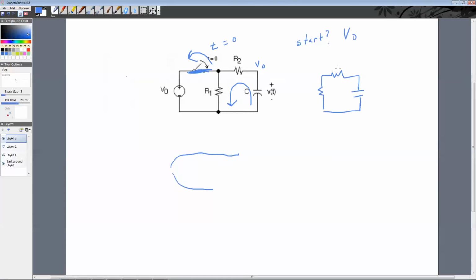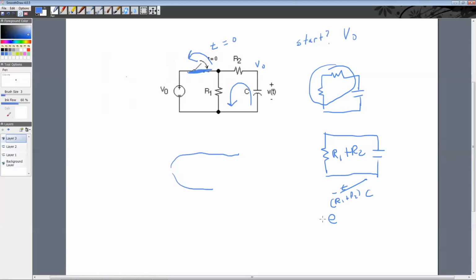Well, I can just combine that. And then here's our standard RC circuit, except now it's e to the minus t over (R1 plus R2)C, and we have to scale it by V naught.